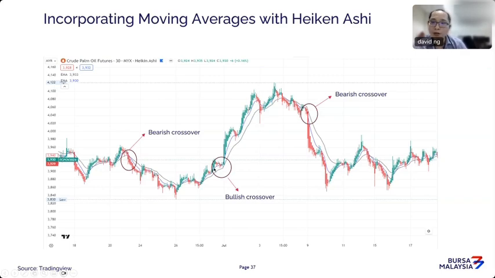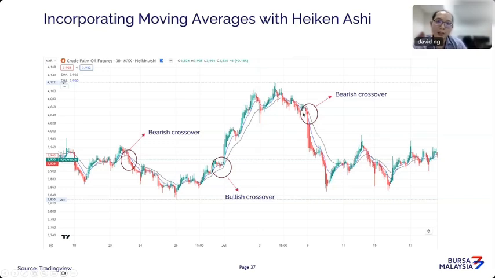And bullish crossovers are simple. When you see a bullish crossover, it means the shorter-term EMA is crossing above the longer-term one. That means it's a bullish scenario, and the market is poised to go higher. So with two signals, green Heiken Ashi bars and a bullish crossover on the EMAs, that's pretty much a good entry for you to take a long position.